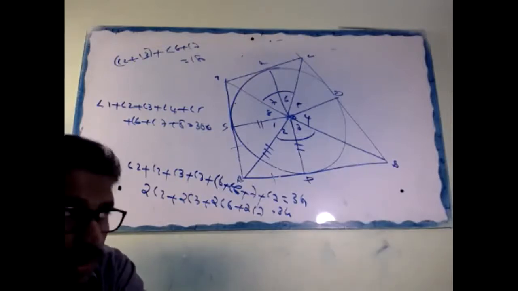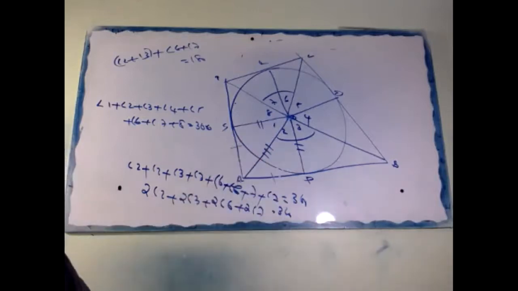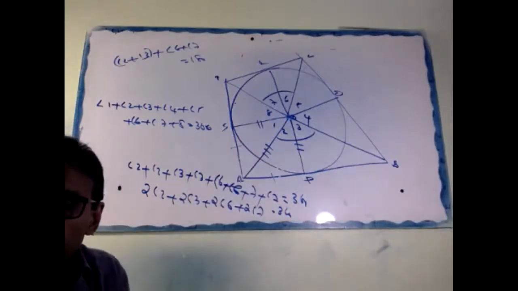Then mark it 1, 2, 3, and 2. Right. In triangle ASO. I'll give the complete note.